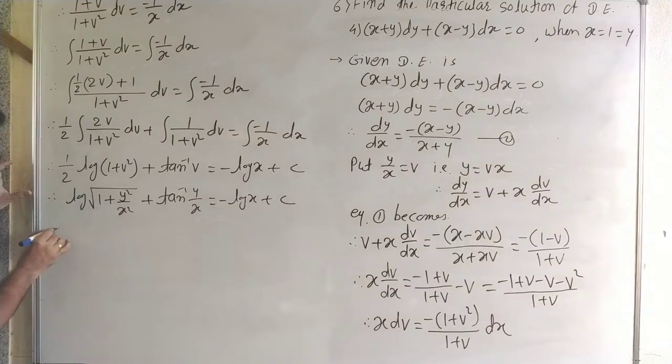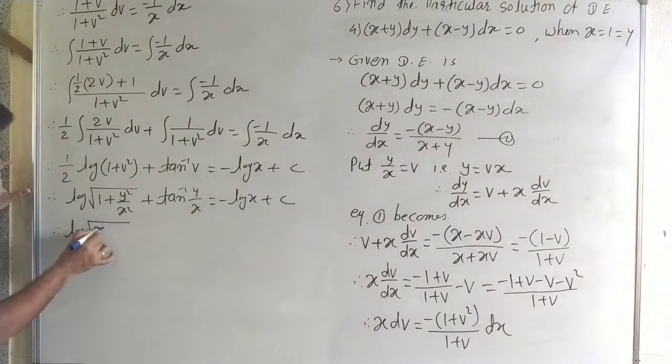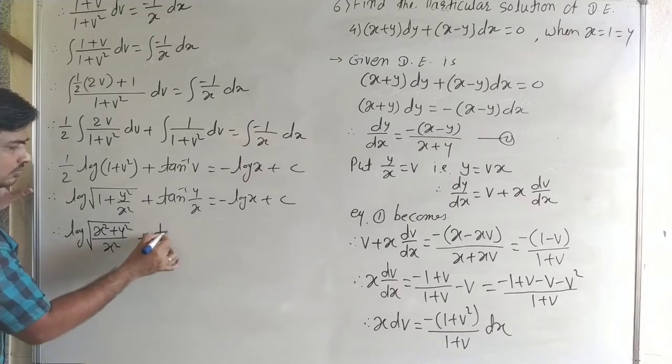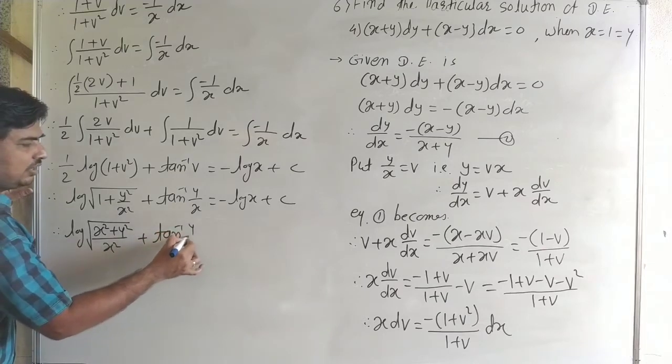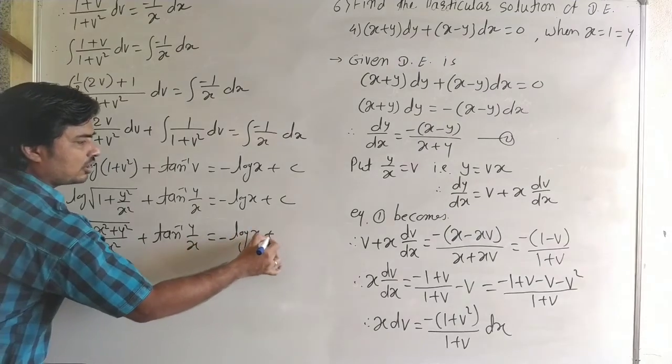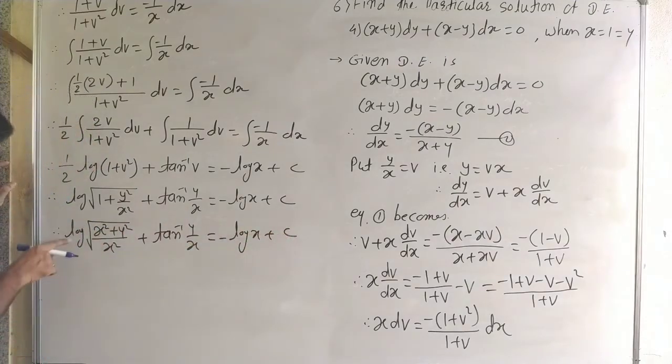Now take the calculation. Log of under root x square plus y square upon x square plus tan inverse of y by x is equal to minus log x plus c. Now this log separate. It is a numerator and denominator. Here we use the property log of a by b, log a by b is log a minus log b.